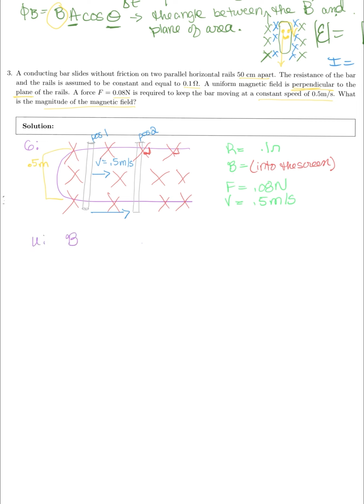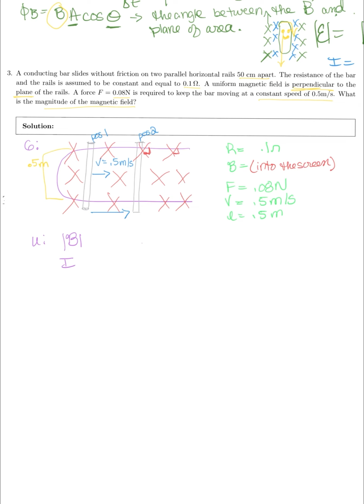We don't know the magnitude of the magnetic field. Something else we don't know is the current. We don't know if we'll need it yet, but we may. And we put down the length, which we already labeled, as 0.5 meters.